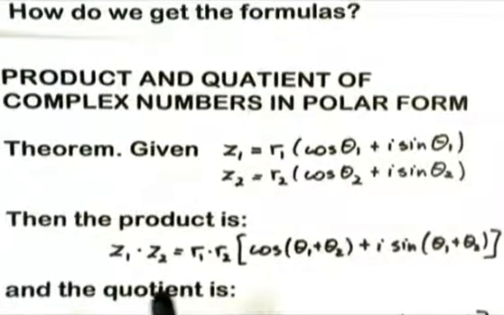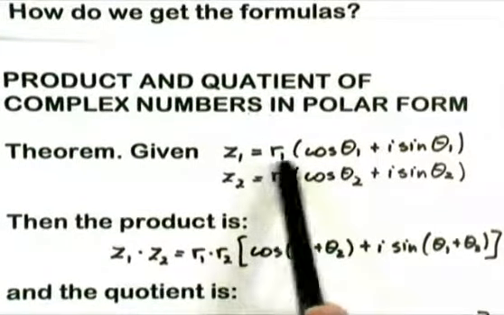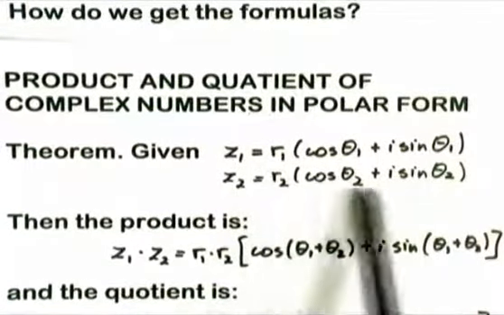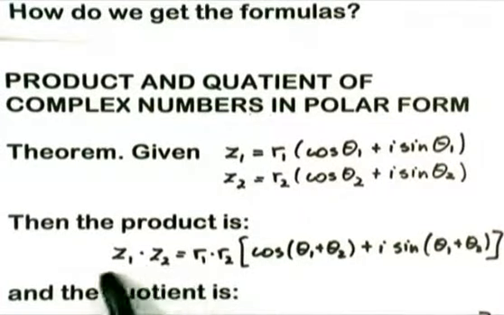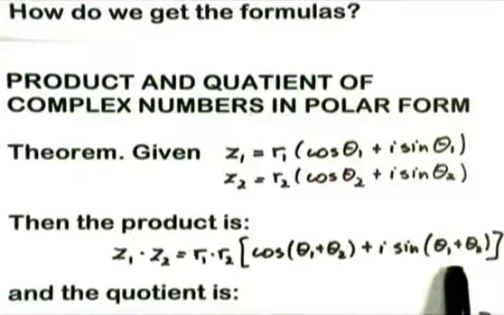How did we get it? We're going to start with the left side, multiplying those two. So we have z1 times z2, and we substitute z1 and z2. This is a kind of derivation, just to show you how we got those.